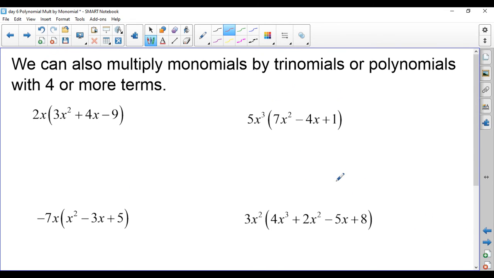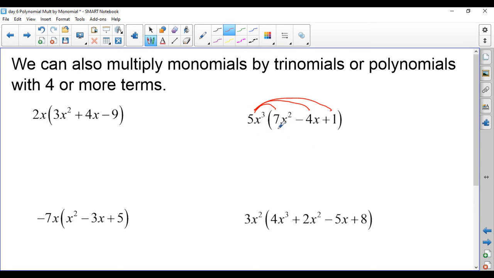This is the kind of multiplication that you're going to do today. I'm just going to do a couple more examples where the polynomials are bigger. All of those other ones, it was a monomial times a binomial. We can also do this by a trinomial or anything bigger. So let's do this example over here. I have 5x cubed and I'm going to multiply it by this polynomial, which is 1, 2, 3 terms, a trinomial, 7x squared minus 4x plus 1.